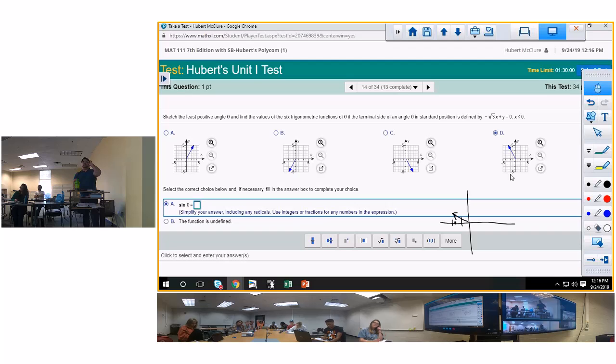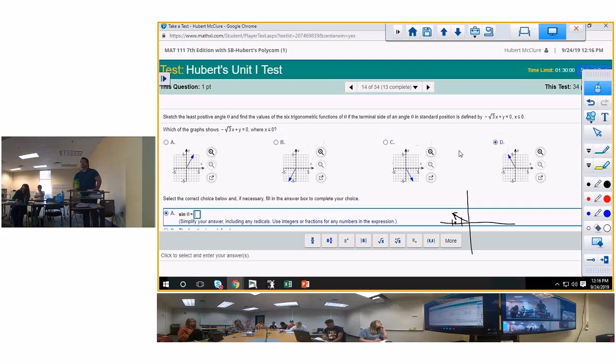That doesn't look right. Something isn't right with this one. What are we missing? Which graph shows negative, where x is less than 0? Well, if x is negative, you can move it to the other side and be positive. y is equal to the square root of 3x.